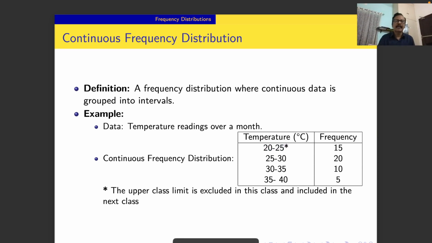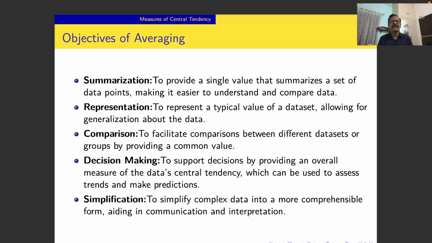Now let us think of averages. What are the important objectives of averaging? The important objectives of averaging are summarization, representation, comparison, decision making, and simplification. Summarization: what do we mean by that word? Summarization means providing a single value that summarizes the set of data points, making it easier to understand and compare it.